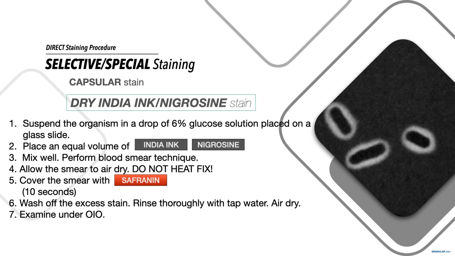So it will look like this. This is what we call now as halo effect. Okay, so para siyang halo ng angel dyan. So yun yung nangyayari. That is your dry India ink or nigrosin stain. And of course, yung capsular stains mo, it's not only limited to that. We also have another type of staining procedure for your capsule, and that is Anthony's. So please read on that, alright?